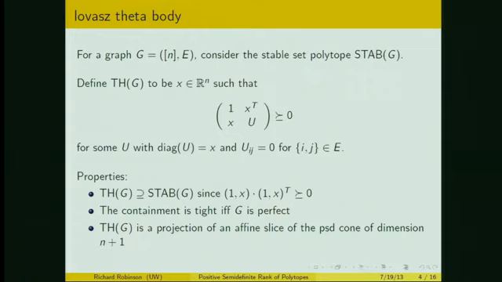So in particular, if we have a perfect graph, then this defines an affine slice of the PSD cone of dimension n plus 1, and that slice projects onto the stable set polytope. So this is an example where a polytope admits a very efficient representation by these PSD slices.